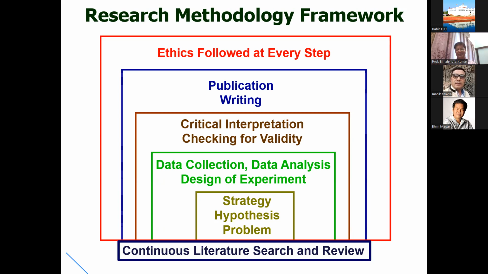First of all is the literature review. Literature review is the main part of our research. In the beginning of research, a person must devote 1.5 years or 2 years to searching the literature related to the subject also.